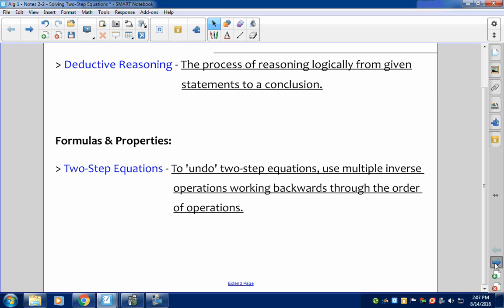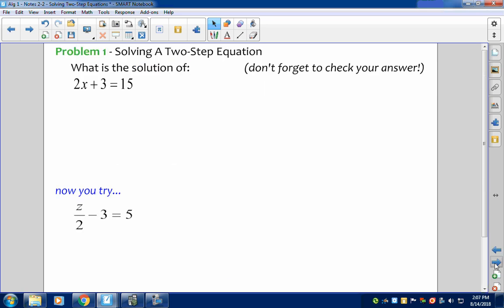Here we go. So pretend here on this first one, solving a two-step equation, pretend x is like the gift. That's the gift, right? And then what do we do first to x over here?